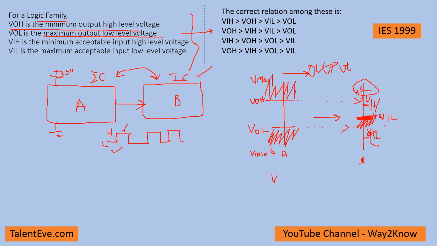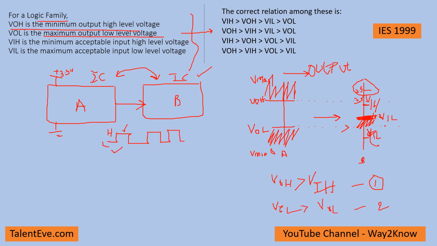So that means VOH should be greater than VIH is one case, if it is a high, or VIL should be greater than VOL is the second case.